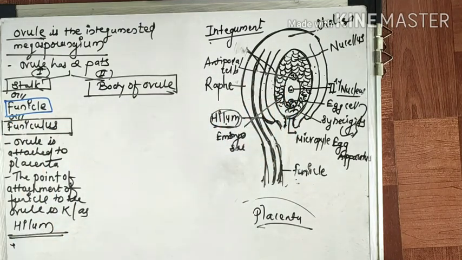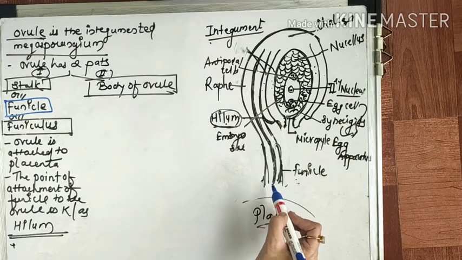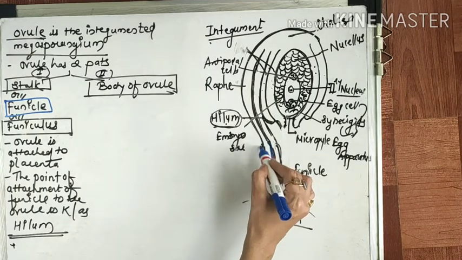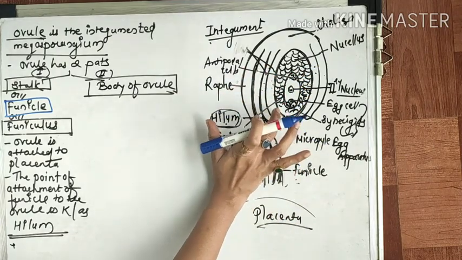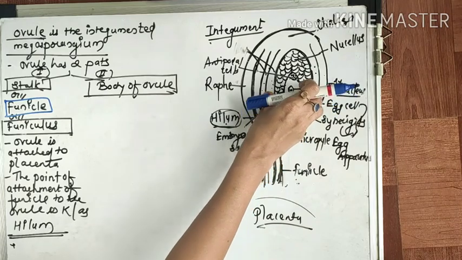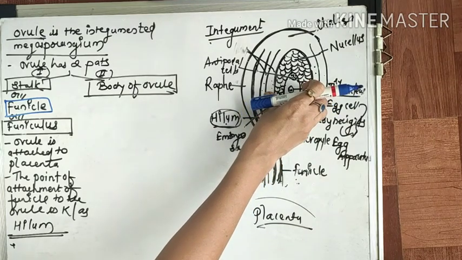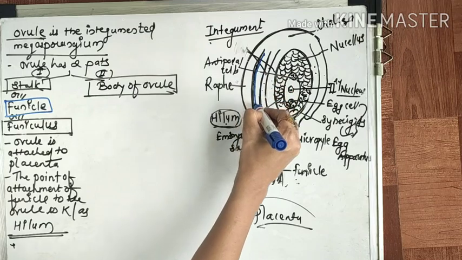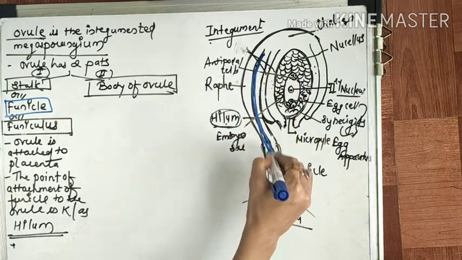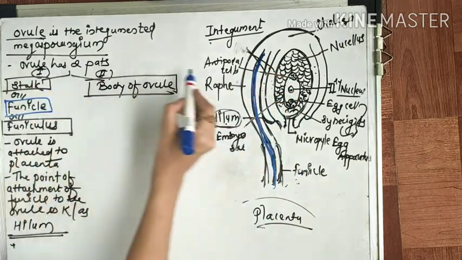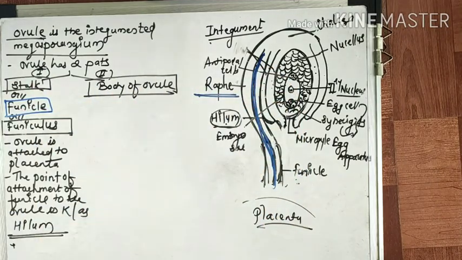I use another pen so you can identify it very well. You can see this dark band, forming one ridge. That ridge is known as raphe.